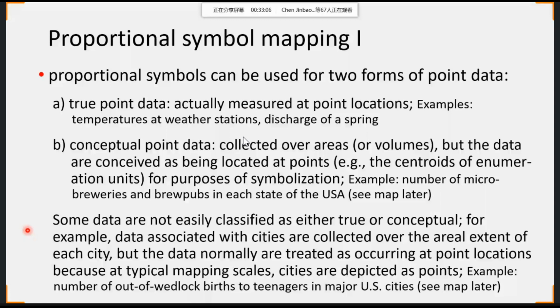For example, data associated with cities are collected over the areal extent of each city, but the data normally are treated as occurring at point locations because at typical mapping scales, cities are depicted as points. An example would be the number of out-of-wedlock births to teenagers in major US cities. There are also examples about this in this chapter.